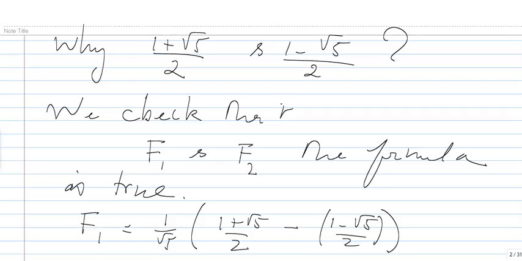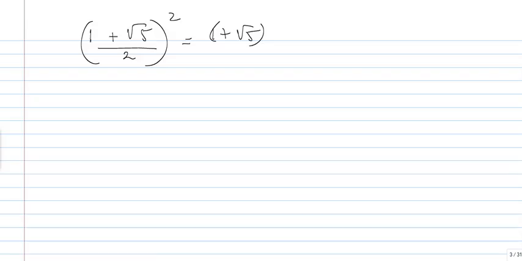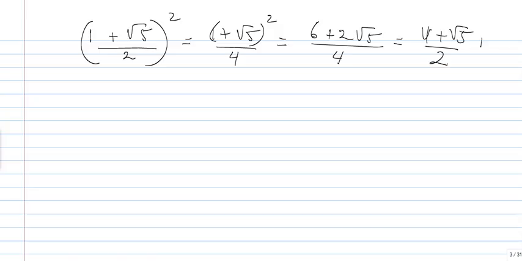If we go for n equals 2, then keep in mind, we can check the following identities: 1 plus square root of 5 over 2 squared is equal to 1 plus square root of 5 squared over 4, which is equal to 6 plus 2 square root of 5 over 4, which is 1 plus square root of 5 over 2 plus 1.